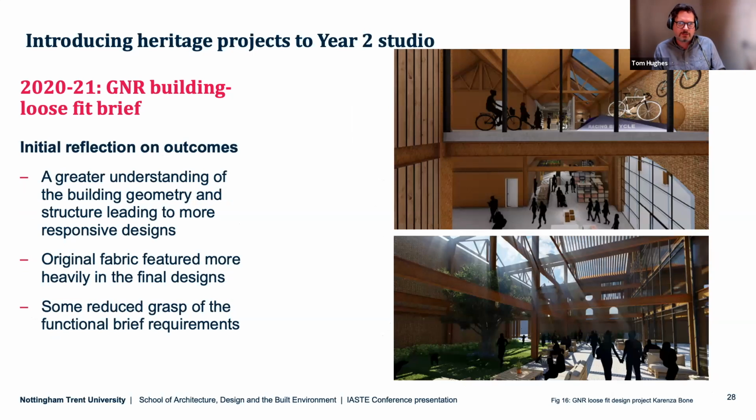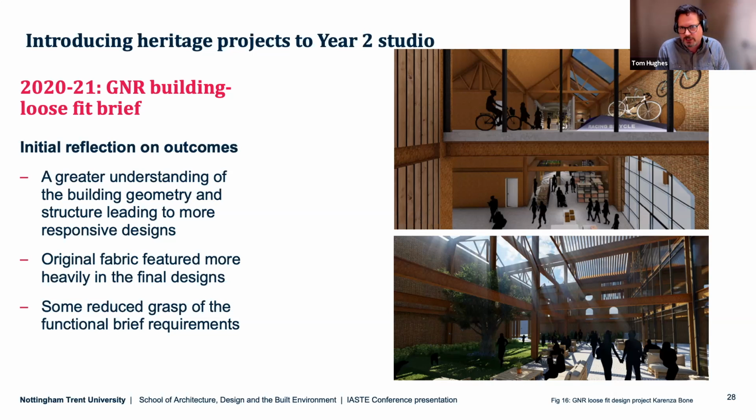Initial reflections on that then. The students developed a greater understanding of the building geometry than they had for the skate park projects before it, and more understanding of the structure. So a lot of the projects related more to picking up on clues from the existing building and integrating the new to the old.